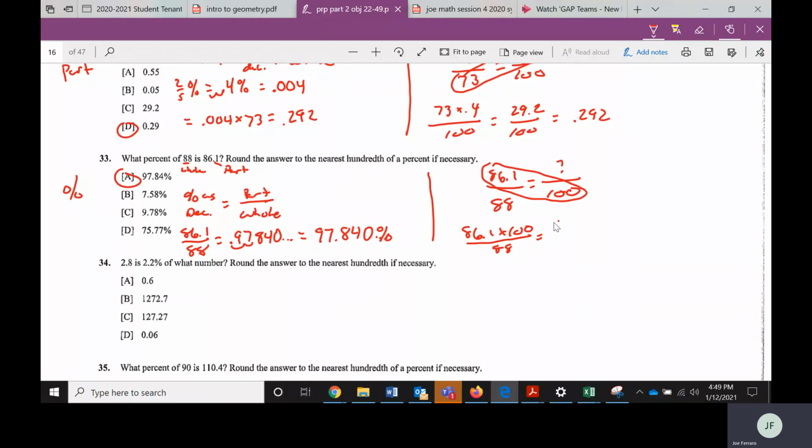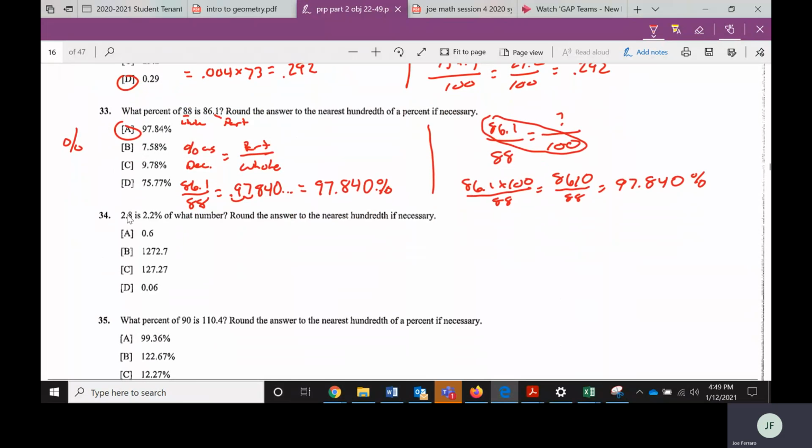And we get 8,610. And then divided by 88. We're still going to get that 97.840, and that's the percent. They round to the hundredth, which is just the 0.84. Okay.